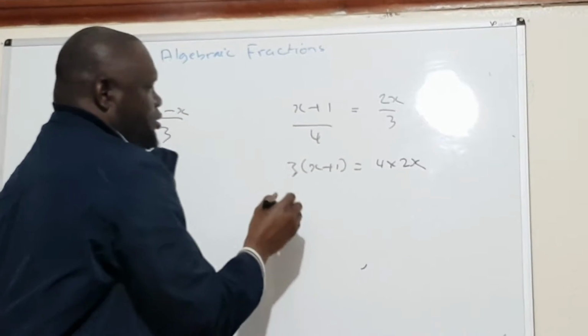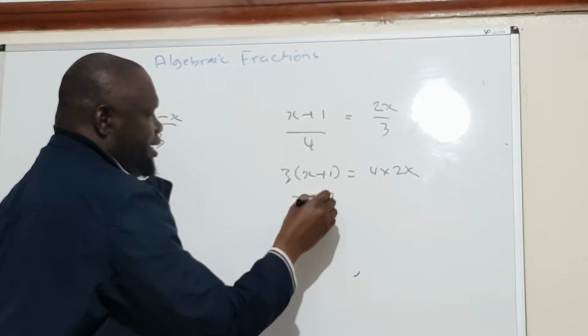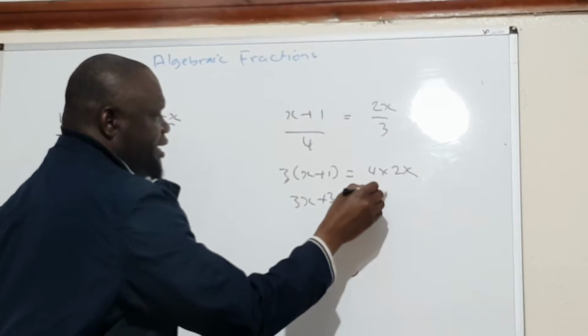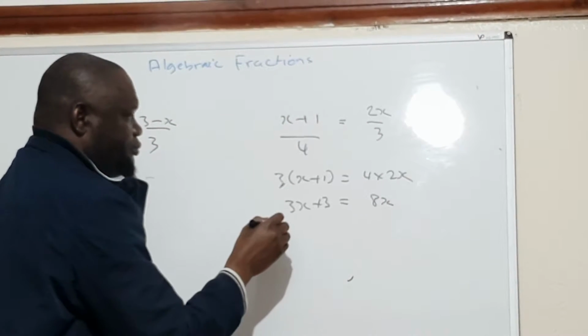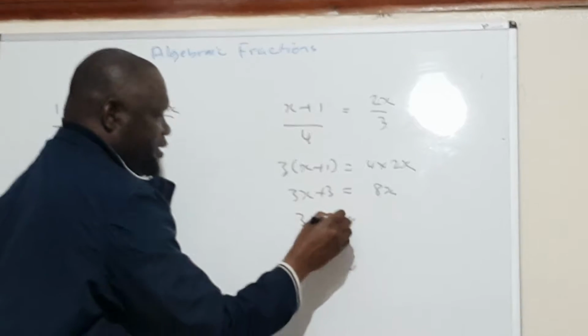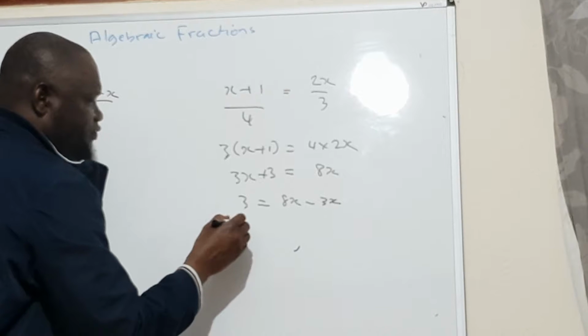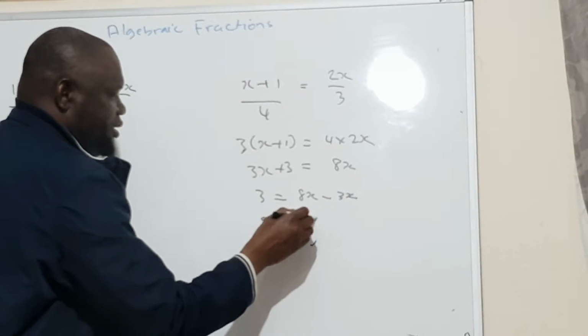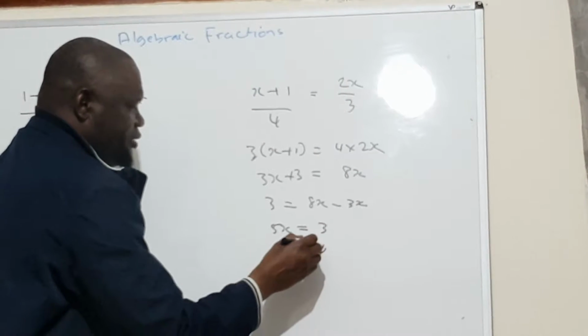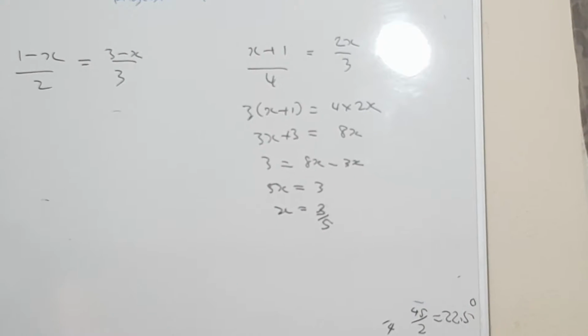So you multiply it out, 3x plus 3 is equal to 8x. So move this one. So 3 is equal to 8x minus 3x. So 5x is equal to 3. x is equal to 3 over 5. And if you put it there, you get that.